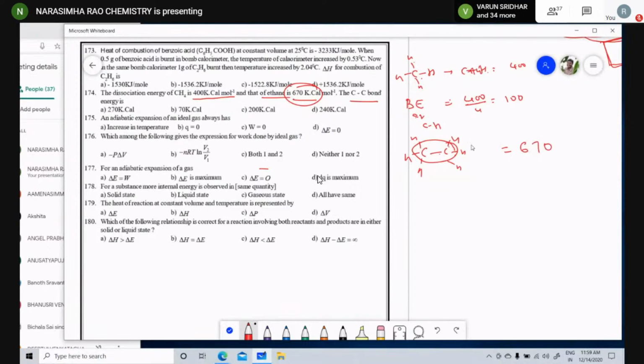Bond breaking of each C-H bond is 100. How many bonds are there? 1, 2, 3, 4, 5, 6. 6 into 100 is 600. 670 minus 600 is equal to 70 kilocalories. Clear? Clear, sir.